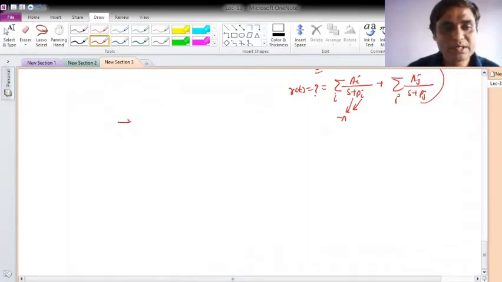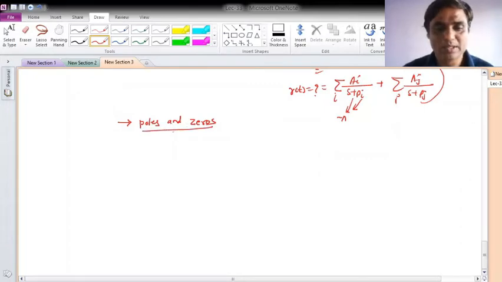Now let us define two new words called poles and zeros. In circuit theory, let me start with the network function and its application.